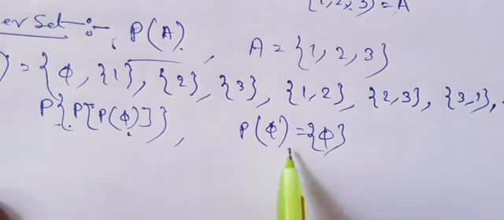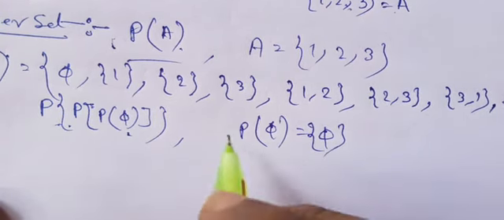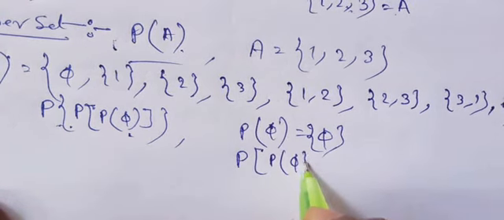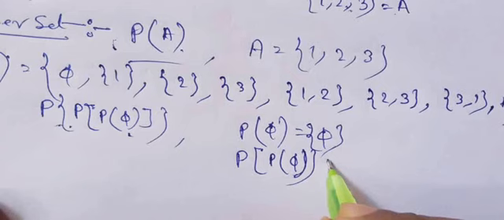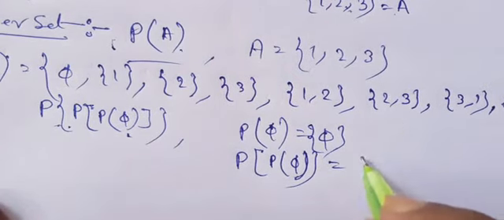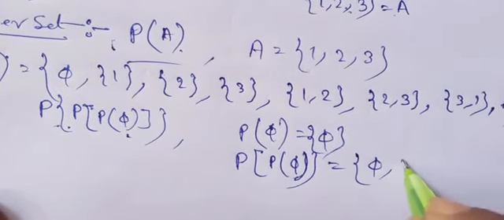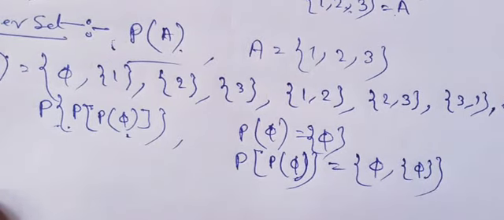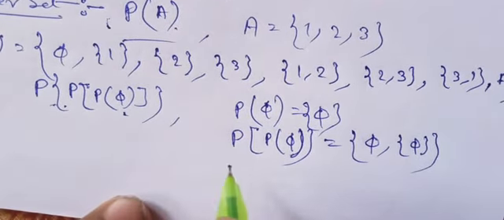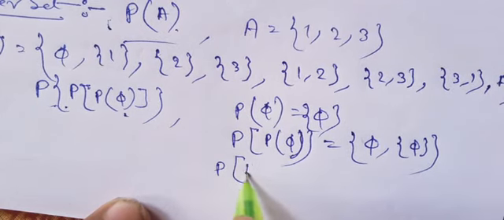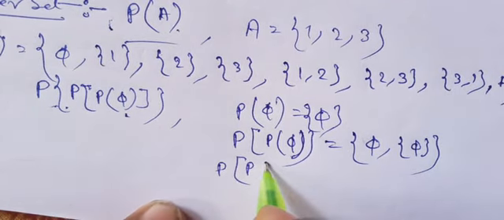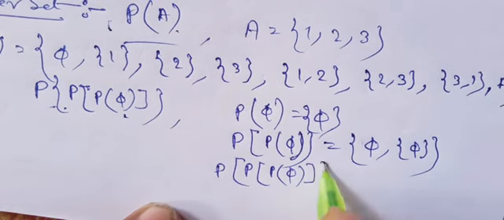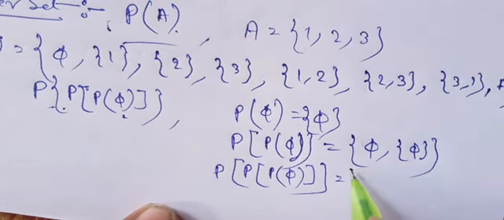Okay, power set of phi is equal to, next, power set of phi. This is equal to what comes? Phi and this. Next, what comes?